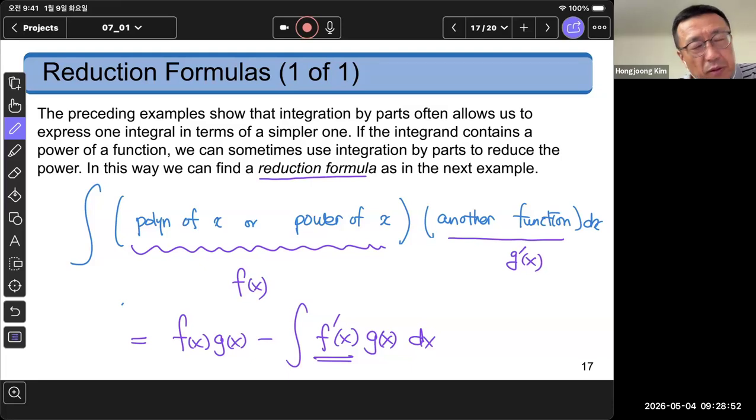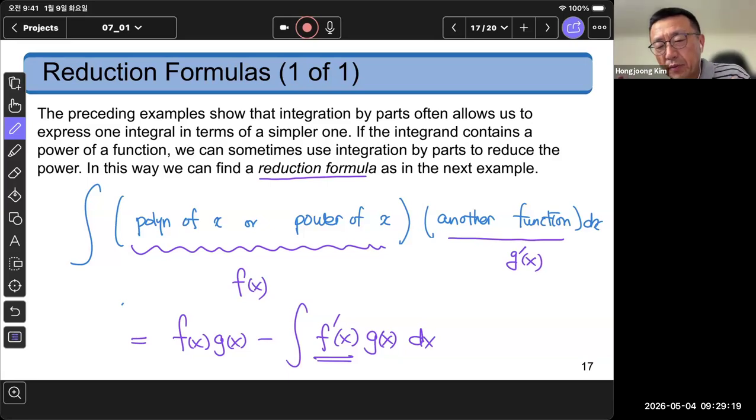That will be called the reduction formula. But anyway, the point is that if you have any polynomial of x or power of x, then those will be your f of x in the integration by parts. Actually, identification of the proper f of x is important.